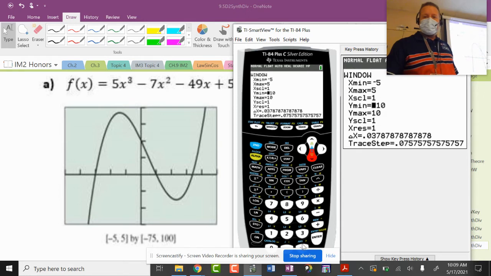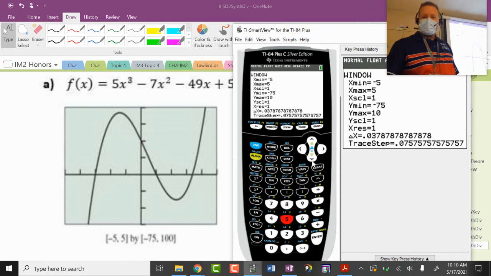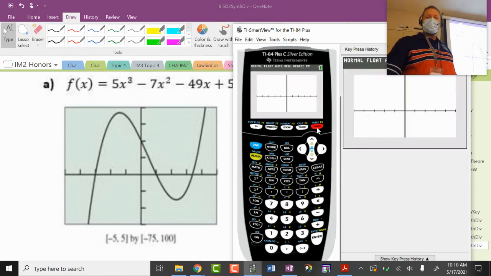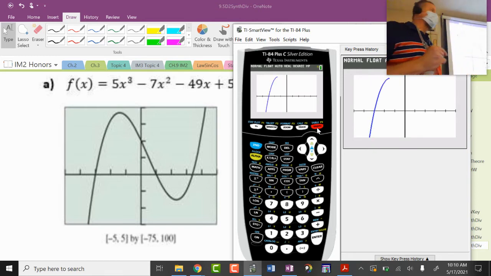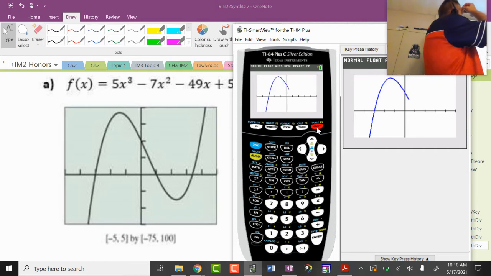Negative 75. There we go. Negative 75. See, you can't say I'm going too fast. Boom. Now look at my graph compared to the graph over here. Identical, right? Looks just like it.